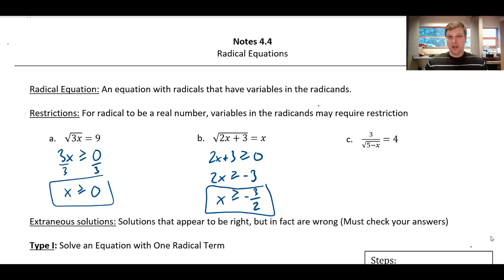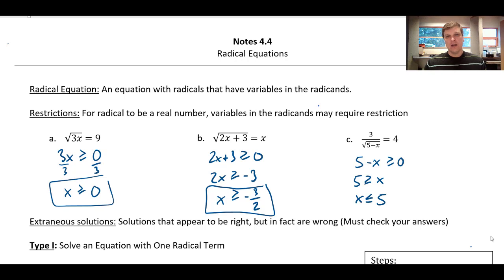Now this one's a little bit of a twist because I've got a radical as well as a rational equation. My one restriction says that 5 minus x must be greater than or equal to 0. That's the restriction for it being a radical. And then I could solve that and move x to the side, and I would get 5 must be greater than or equal to x, or x must be less than or equal to 5.